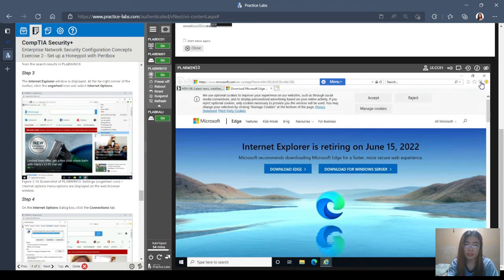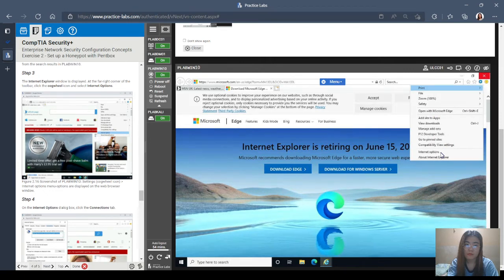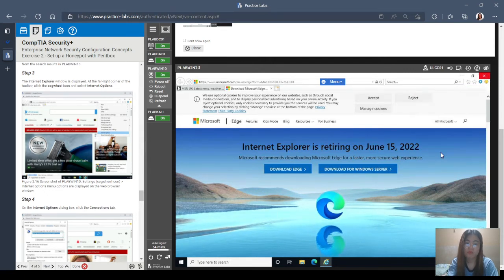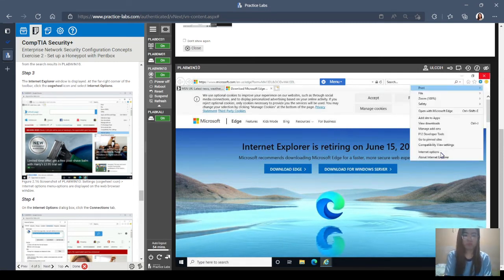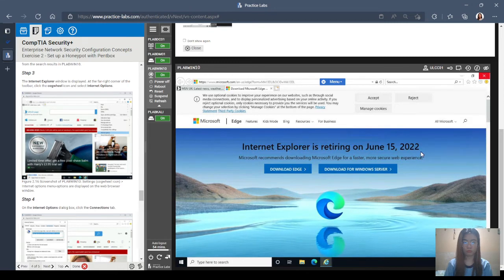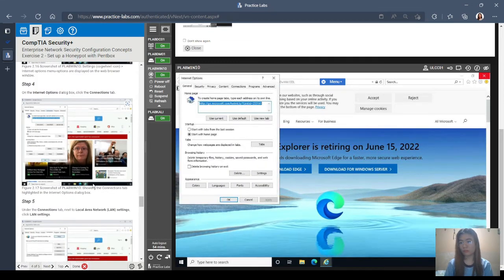Select Internet options. On the Internet Options dialog box, click the Connections tab.